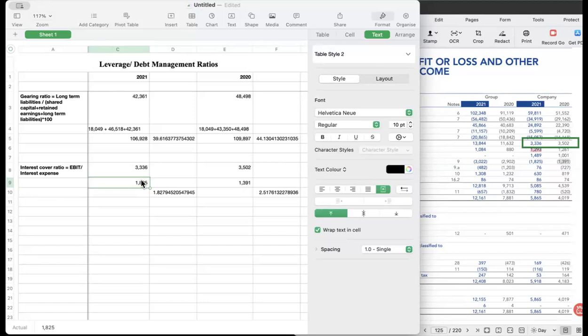Maybe you can increase the retained earnings, pay out less dividends to the shareholders, and retain profit. Again, there are consequences. Paying less dividends to the shareholders can cause consequences, but you have to balance and try to increase the equity in order to improve the gearing ratio.